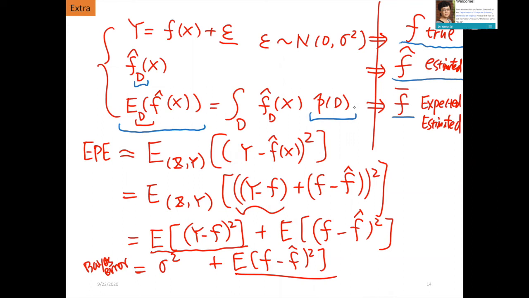That expectation is called the expected estimated f bar. Okay, still too much, right? But remember this, very important: the blue line. There's an f truth, an f estimated from this data, and f bar is the expectation of f hat, the mean of f hat when you have many different kinds of training data.